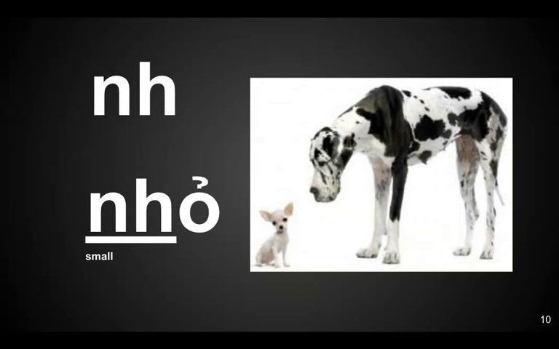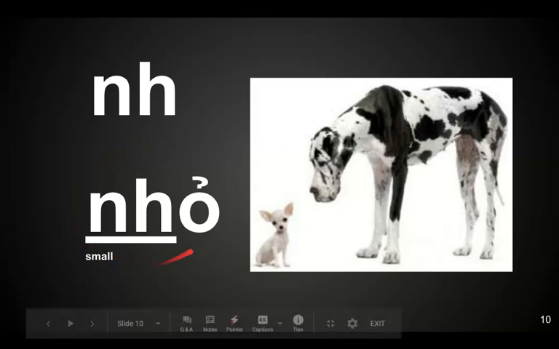Next we have NH. NH is the sound ny, as in nhỏ. Nhỏ means small. So there's a little doggy. It looks just like my dog, Omega. So it's super cute.